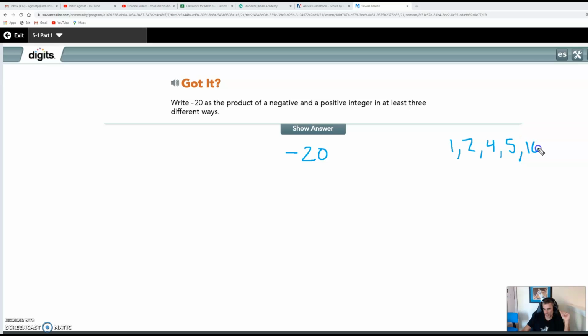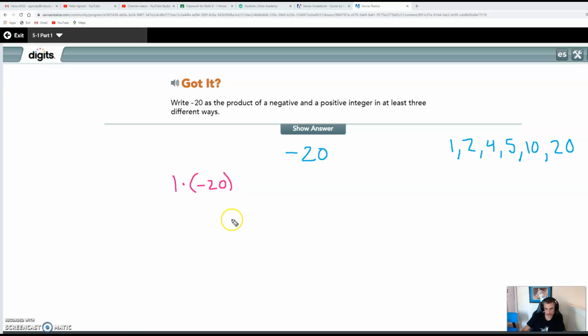These are all numbers that divide evenly into 20, right? So if I want to use these numbers to multiply to get negative 20, I have to make sure I use some negatives. For example, if I do 1 times 20, I'm going to get a positive. So I could do 1 times negative 20.